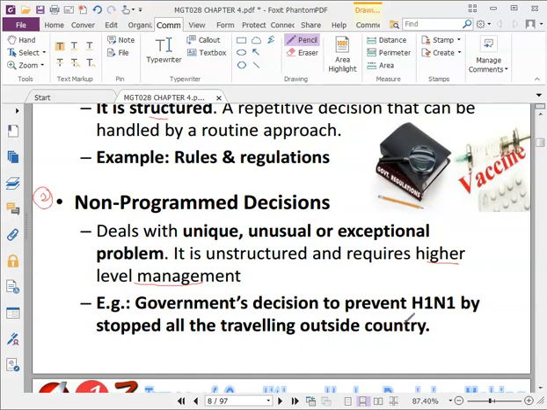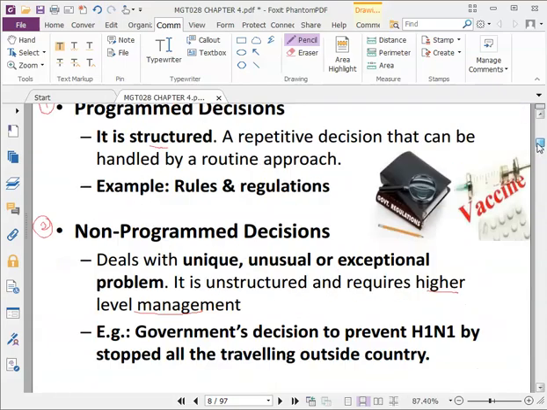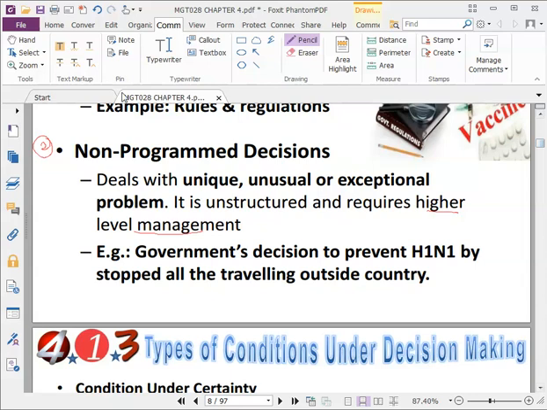So apa contoh kalau lah, okay, ada tak sini contoh dia? Okay, tak ada. Okay, kalau non-program, kalau example untuk program is rules and regulation.